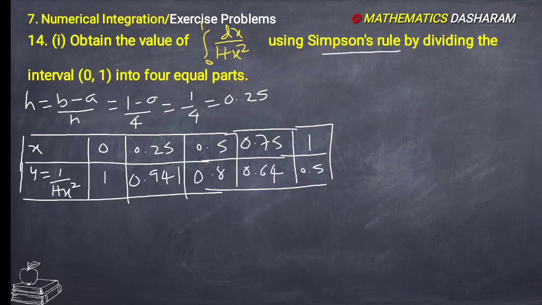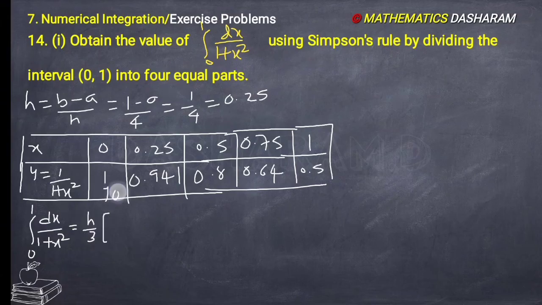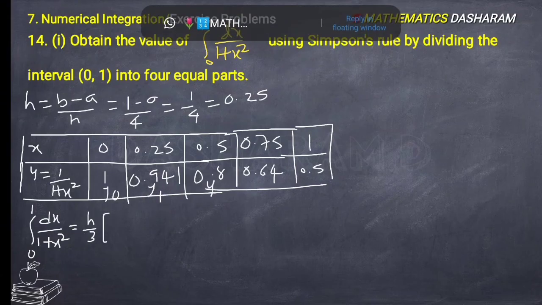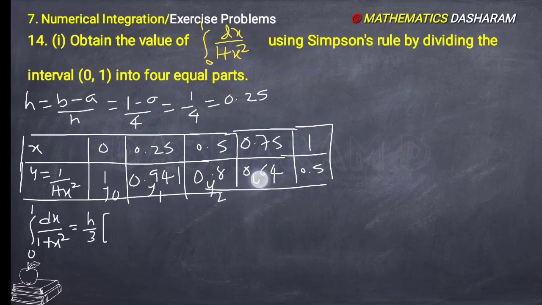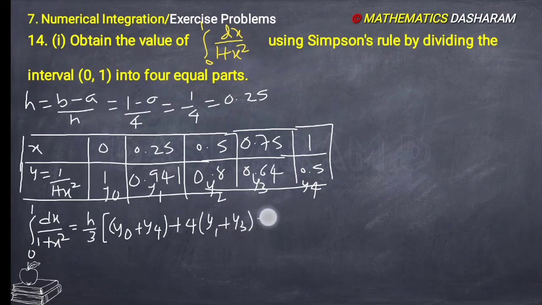So using the Simpson rule, integration 0 to 1 dx divided by 1 plus x square equals h by 3 bracket of, here first denote with y0, y1, y2, y3, y4. So sum of the first and last ordinates plus 4 into odd ordinates y1 plus y3 plus 2 into even ordinate y2.